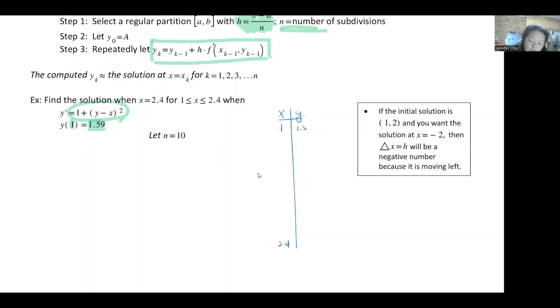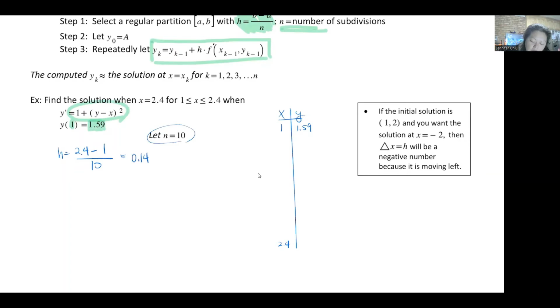I know my y is 1.59, that's all I know. Then I need to figure out what my h is, how far my increments are. So h is equal to b minus a over n. We said n equals 10, so this is 1.4 over 10, which is 0.14.